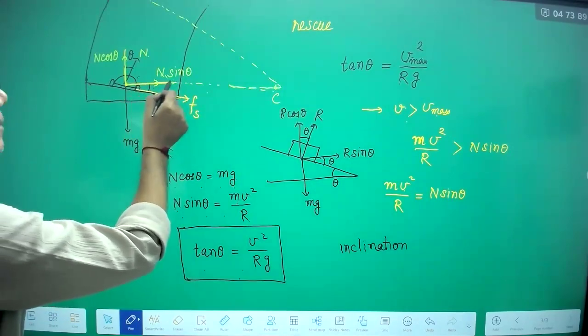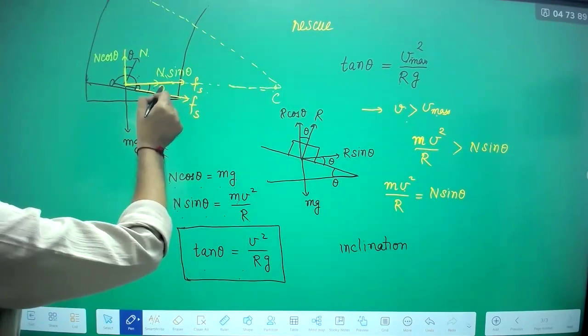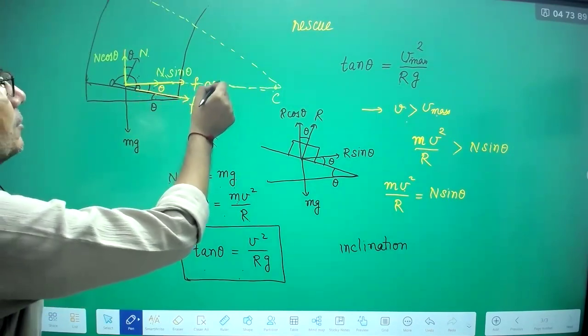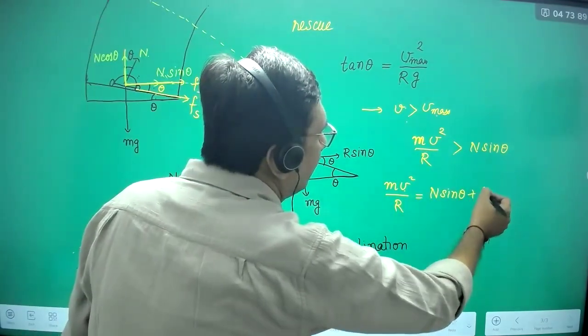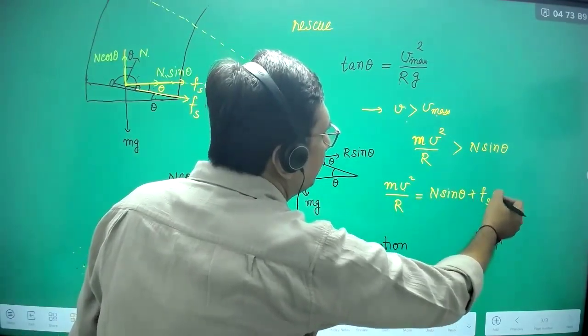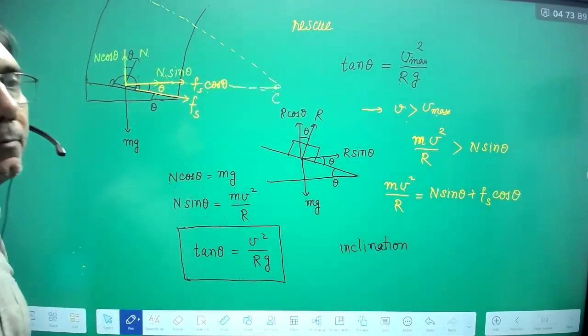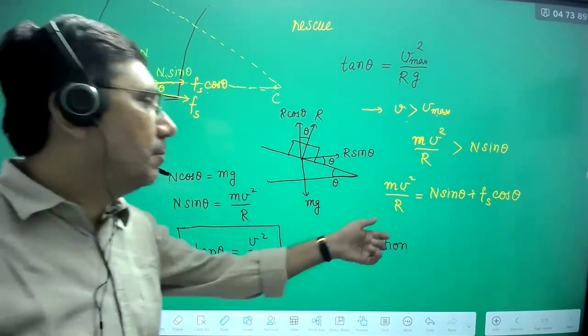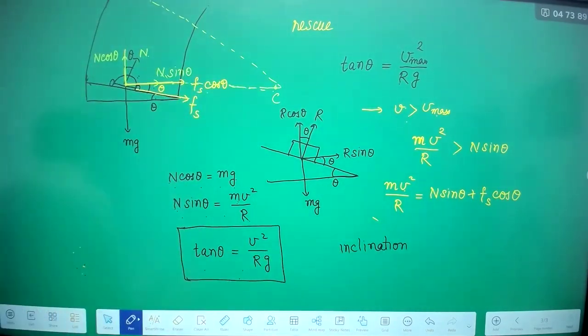This angle is also theta, so this will be Fs cos theta. It will become like this. In this way the car will not skid.